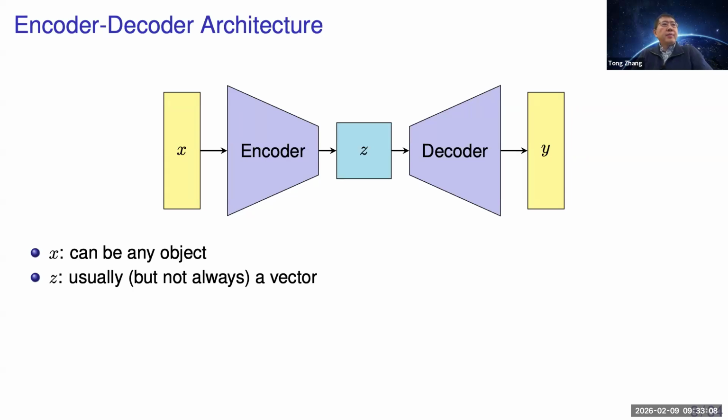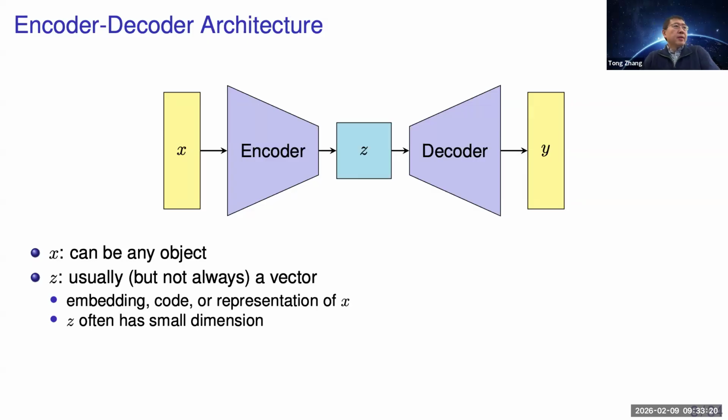Both are on the right-hand side of this. We will talk about generation soon. You can call Z an embedding, or sometimes a code or representation. They are all pretty much the same thing. As I mentioned, it's a small dimension. What if it's a large dimension?